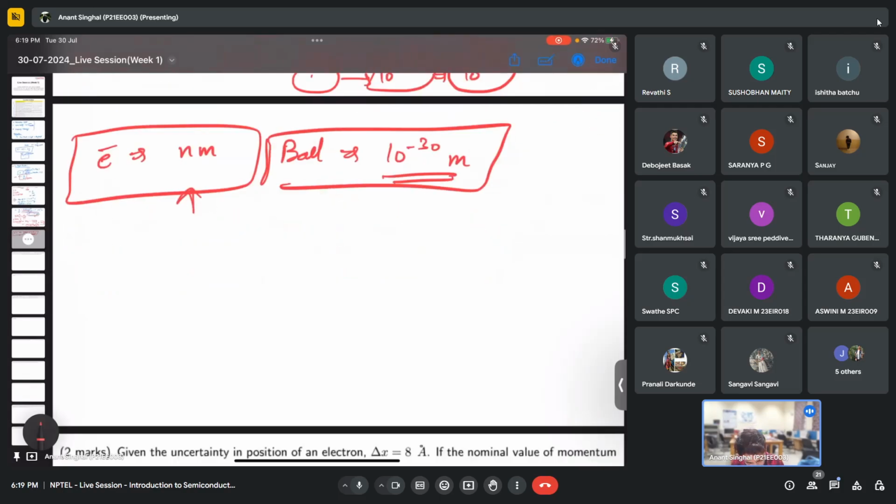So what we can conclude from this question is what mass can do with the wavelength.